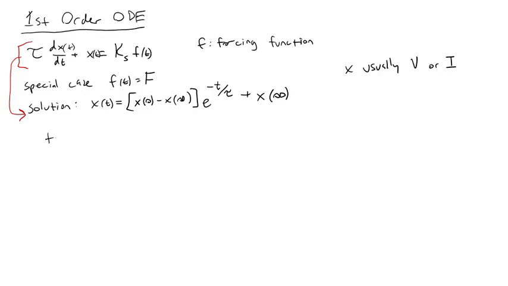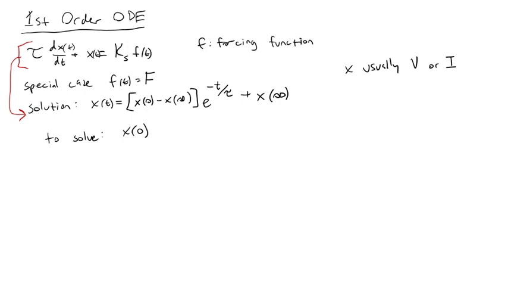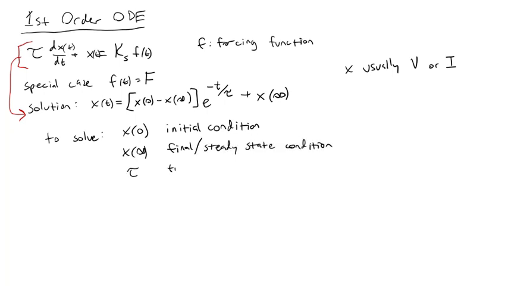So to solve this, we will need to figure out x of 0, which is our initial condition, x of infinity, which is our final or steady state condition, and tau, which is our time constant. And we get that from the coefficient in the ODE.